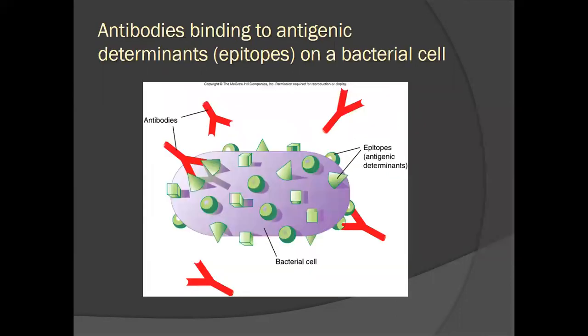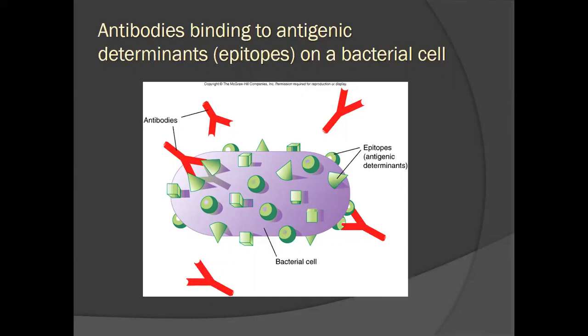All right. This is an important concept in a really simple diagram from the textbook that I used to use, but I do really like it. First of all, it shows an epitope, a specific binding region. So here you have your sphere or circle epitope, a cube epitope, and a cone epitope.